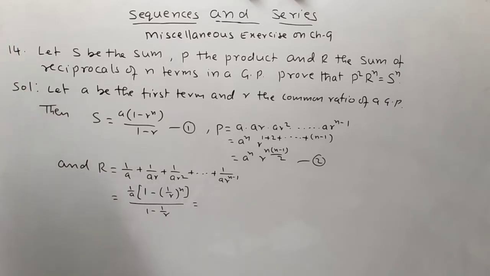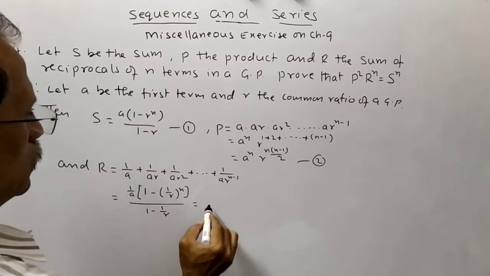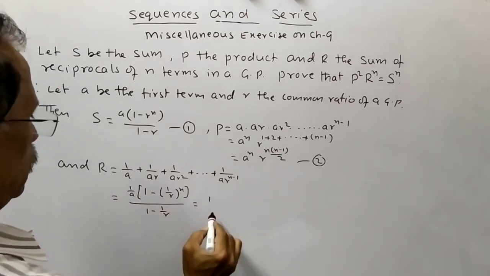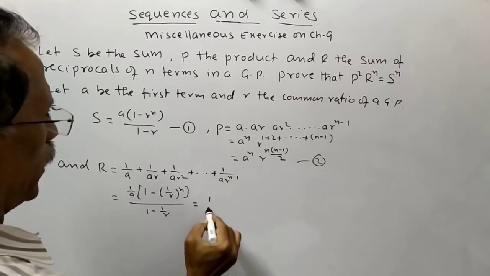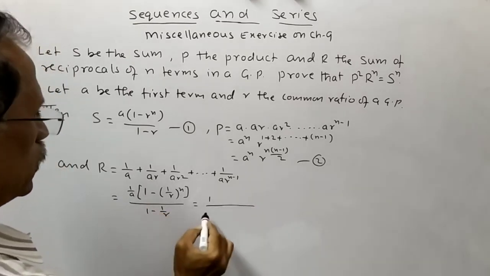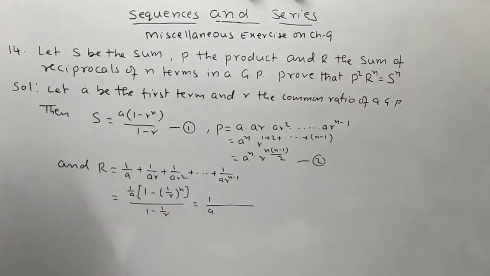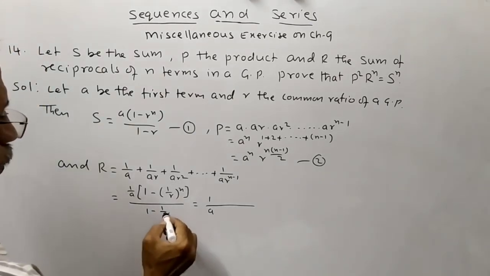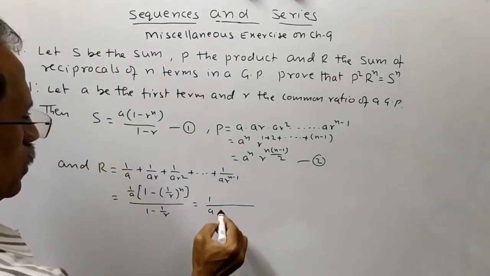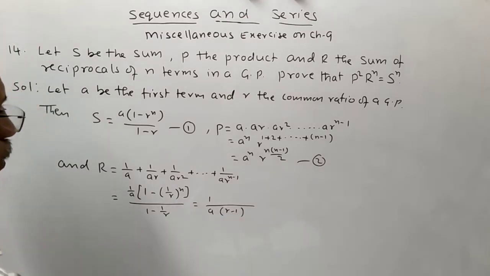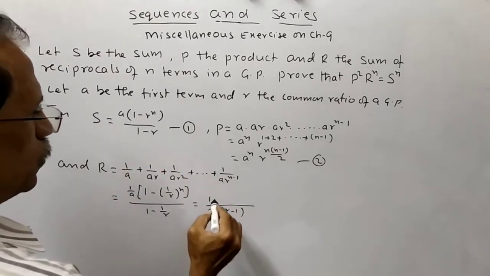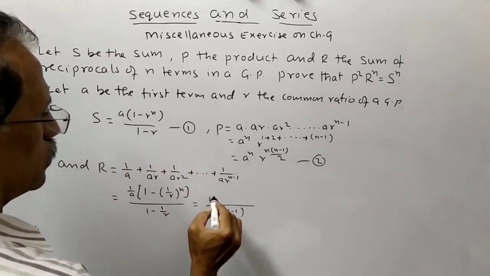is equal to 1, when you take this A to denominator, and here when you take LCM, then you will get R minus 1, and this LCM will go to numerator.